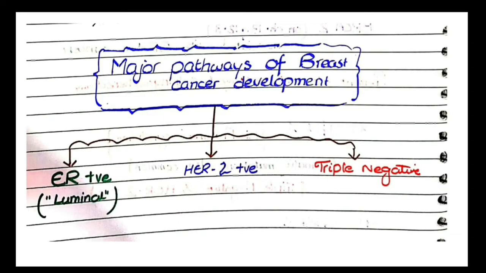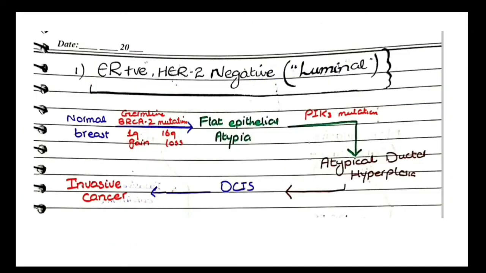So after we have discussed the major factors that interplay to result in breast carcinoma, we have to study the major pathways that lead to the pathogenesis of each of the three biological types of cancer. You know that there are three biological types of breast cancer: ER positive, also known as luminal, HER2 positive and triple negative. There is a genetic pathway of progression for each of these.